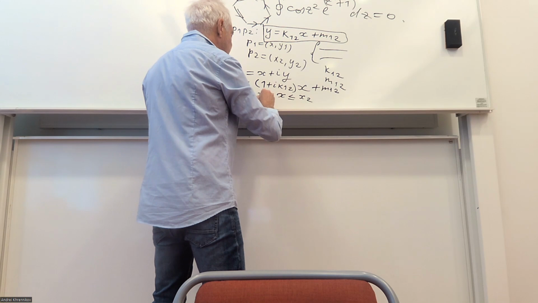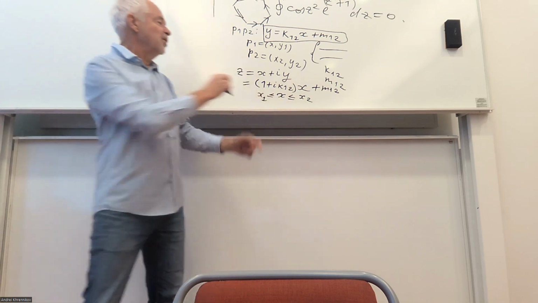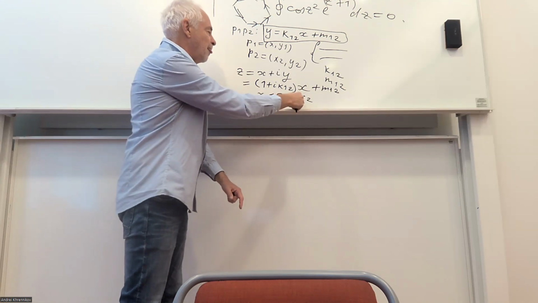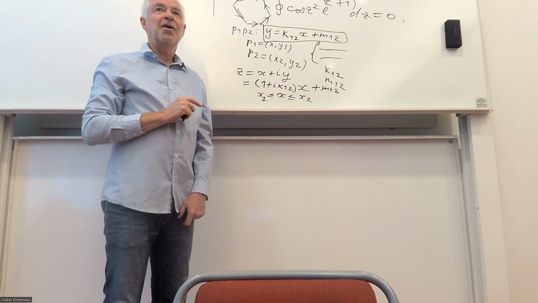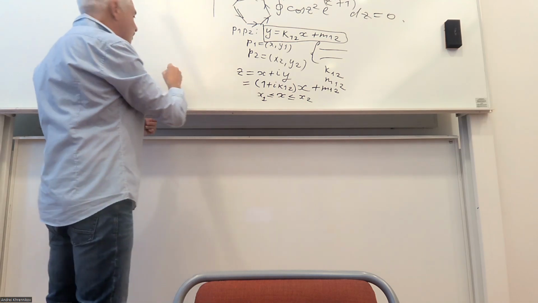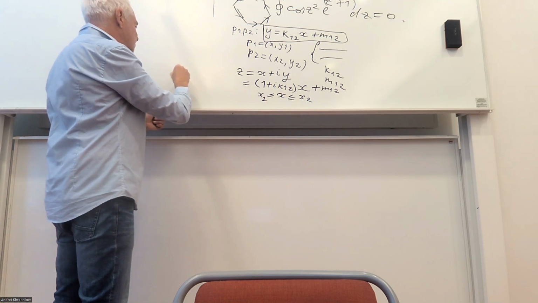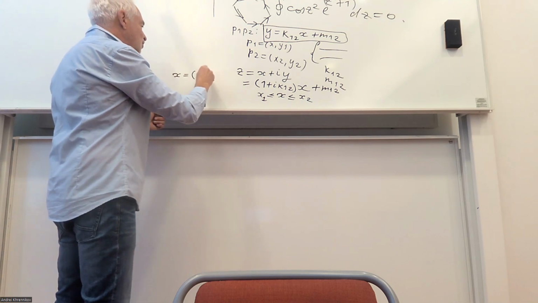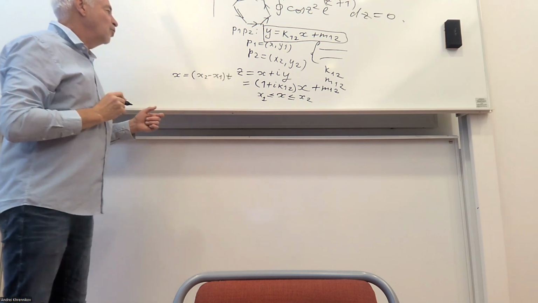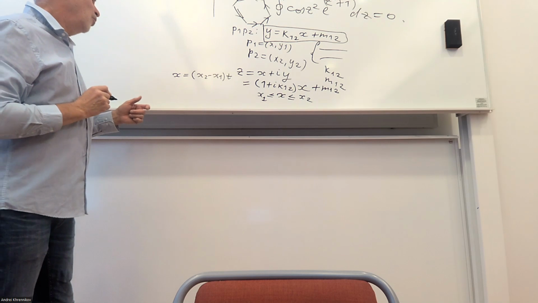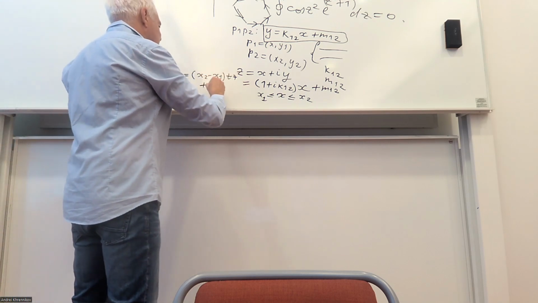What they did in this solution, they selected the length of the interval, x2 minus x1, and they wrote a parameterization which has the form x equals (x2 minus x1) t plus x1.